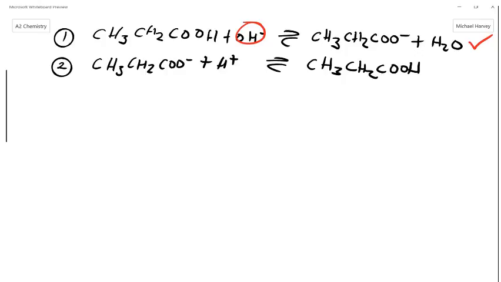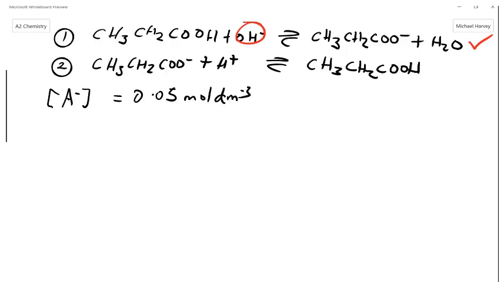Looking at our question, the initial concentration of the conjugate base, the propanoate, is given as 0.05 moles per decimeter cubed.